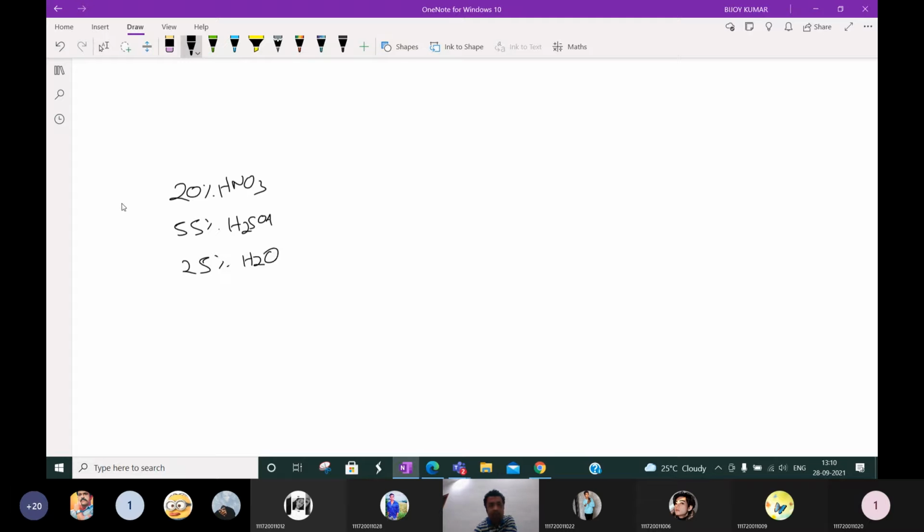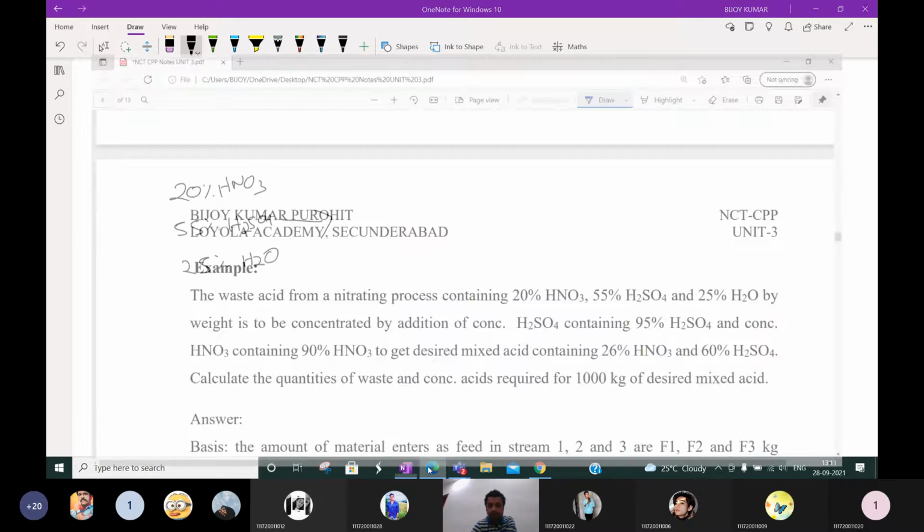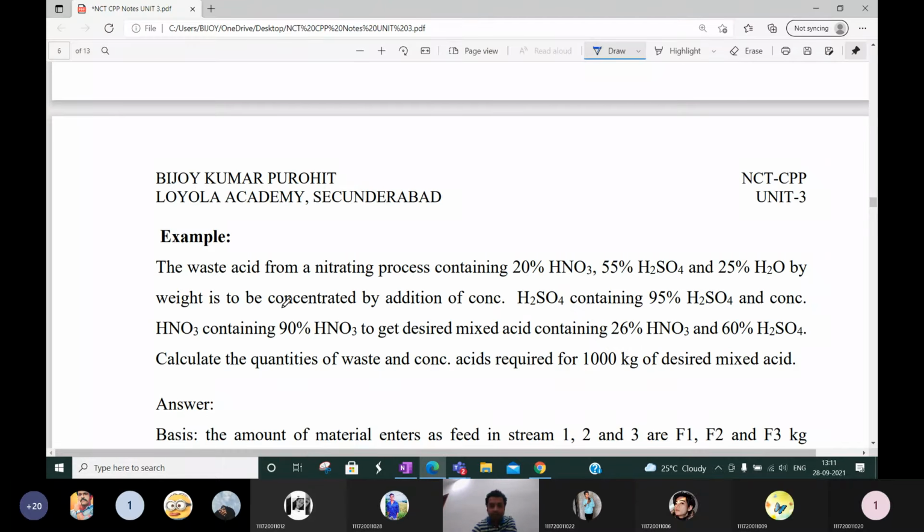This is the composition of a stream, coming out as a waste stream. By weight, it is to be concentrated by addition of concentrated H2SO4 containing 95% H2SO4 and concentrated HNO3 containing 90% HNO3 to get the desired mixture containing 26% HNO3, 60% H2SO4.